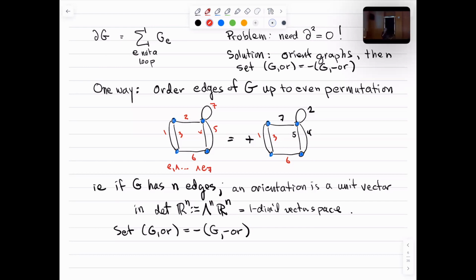And here I've switched some. I've done 2 transpositions, so I get the same wedge product, the same unit vector. Okay, and then I define G with a given orientation to be minus G with the opposite orientation.